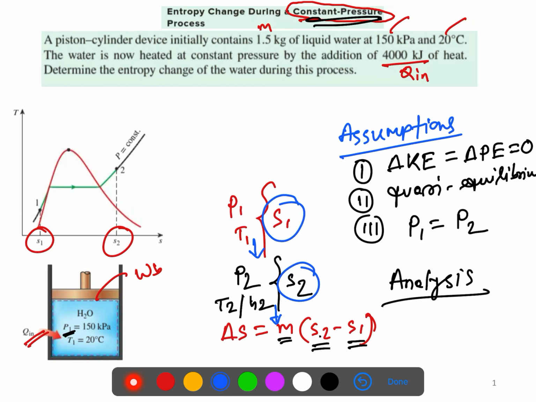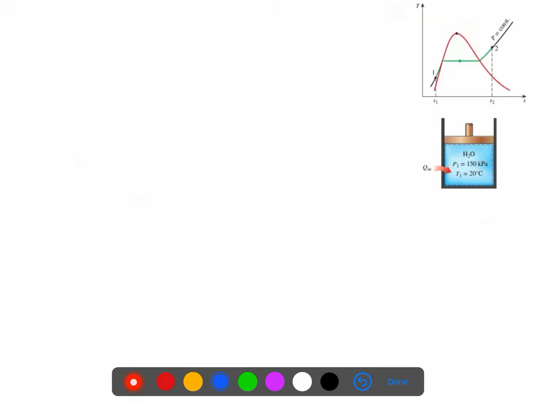What I said is we can calculate this entropy by using these two properties, P1 and T1. So let me write it down for state 1. Before calculating that, we need to understand something else. Here you can see the temperature is 20 degrees centigrade.